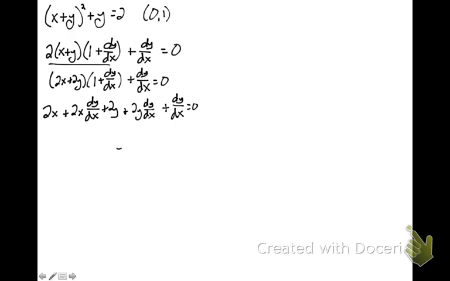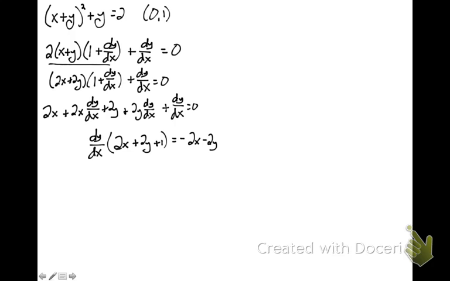I'm going to both gather my dy/dx's and factor at the same time. So on the left-hand side, I'll have dy/dx times (2x plus 2y plus 1). And when I move everything that didn't have dy/dx over, I'll have on the right-hand side negative 2x minus 2y.